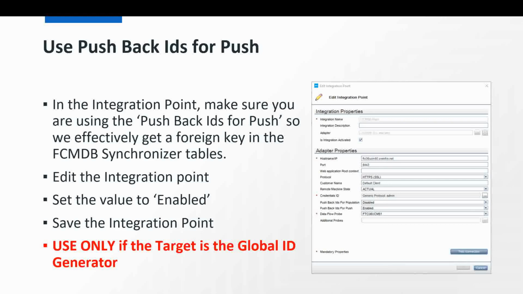And then OpsBridge and SMAX would have the same global IDs referring to the same CIs. So when in OpsBridge you wanted to create an incident, you would have the global ID already, and SMAX would know that same system by its same global ID.